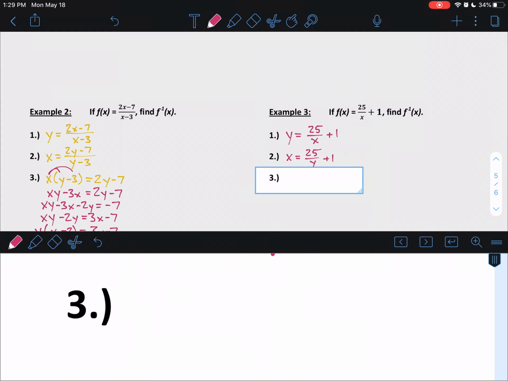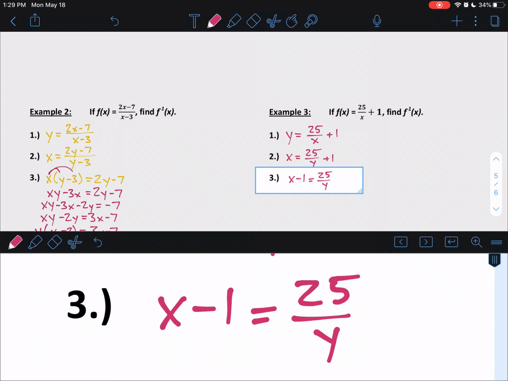And that 25 over y, I can't really do much with it. I don't really see a way to isolate this y yet, but I do see a way to get rid of that 1 at least. So I'm going to subtract 1 from both sides. And if I do that, I'm left with x minus 1 equals 25 over y.